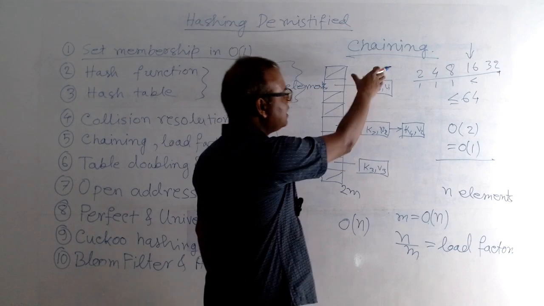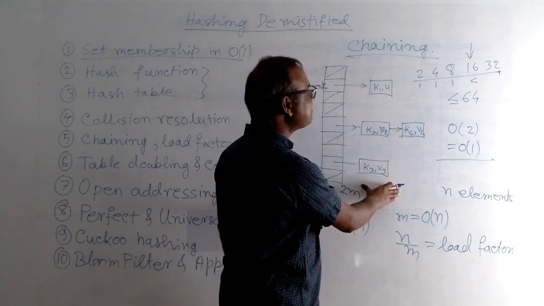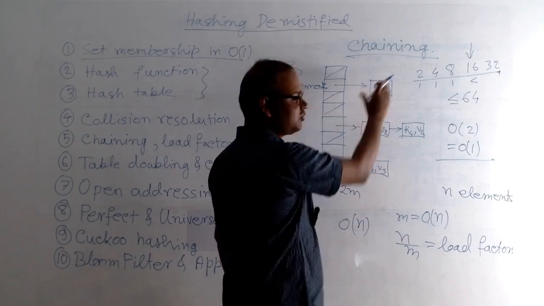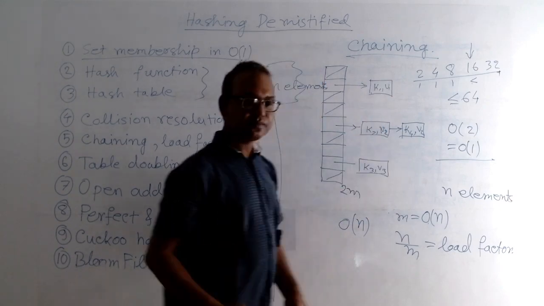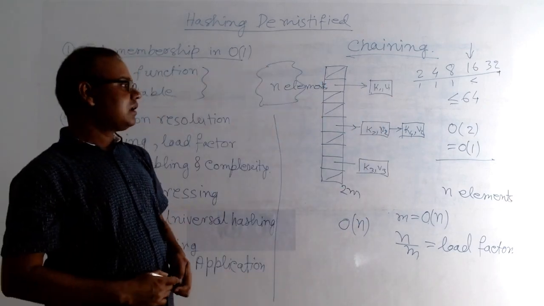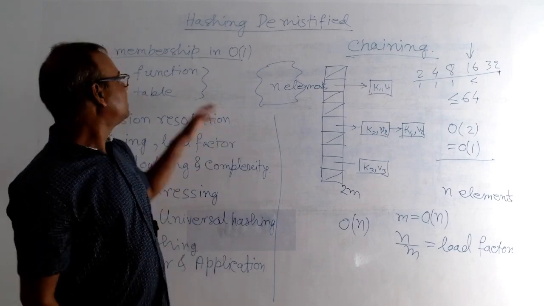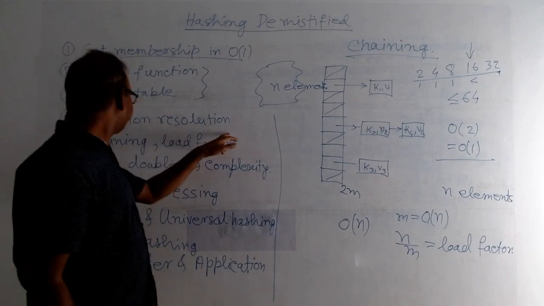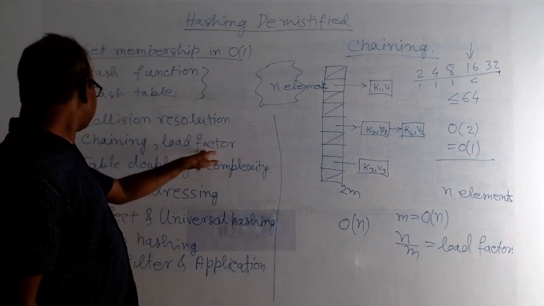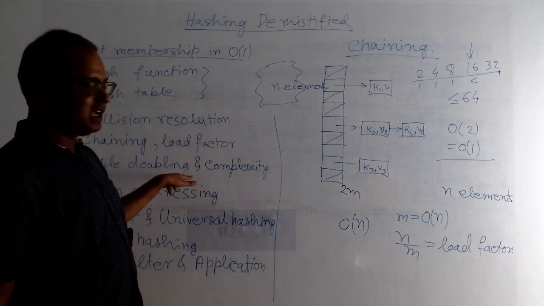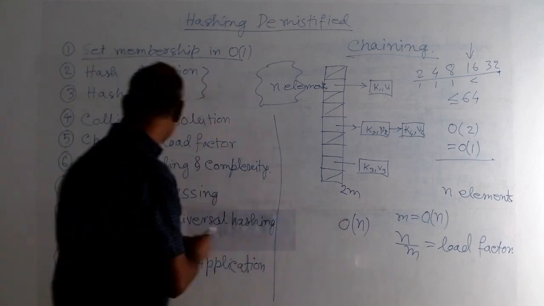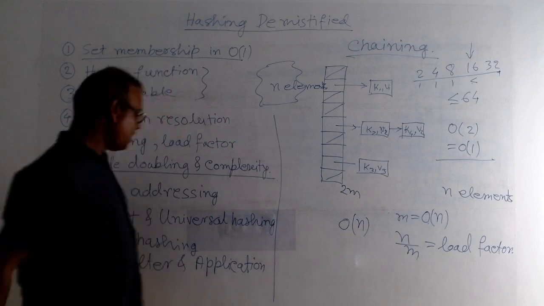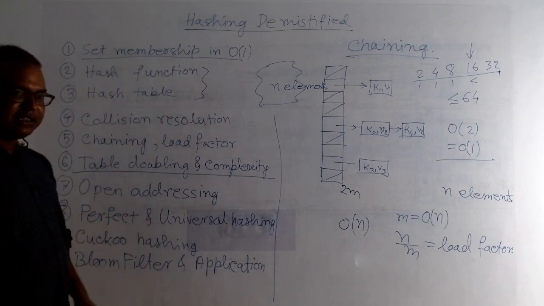And the average chain length, if we choose a good hash function, will be 1 or 2. So that's all about the chaining method, the load factor, table doubling, and the complexity of table doubling. We have covered up to this point. We will cover the next topic in the next lecture.